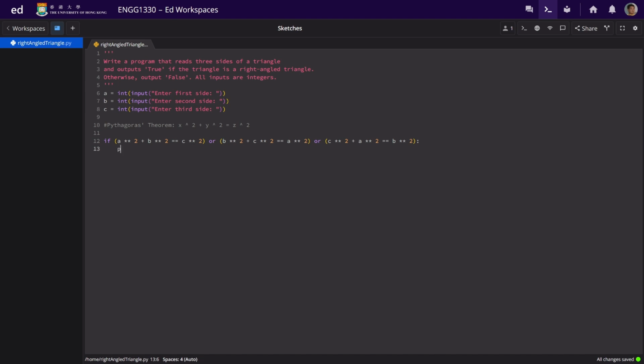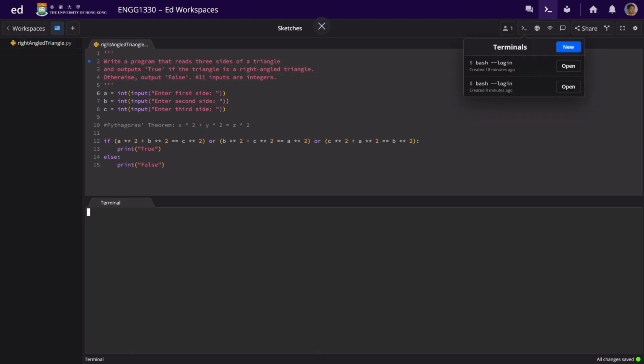So in this case, we would print true. So other than these three cases, the triangle would not be right angled. That is, else, we use else for other cases and print false. So that is basically a trivial solution to this task.